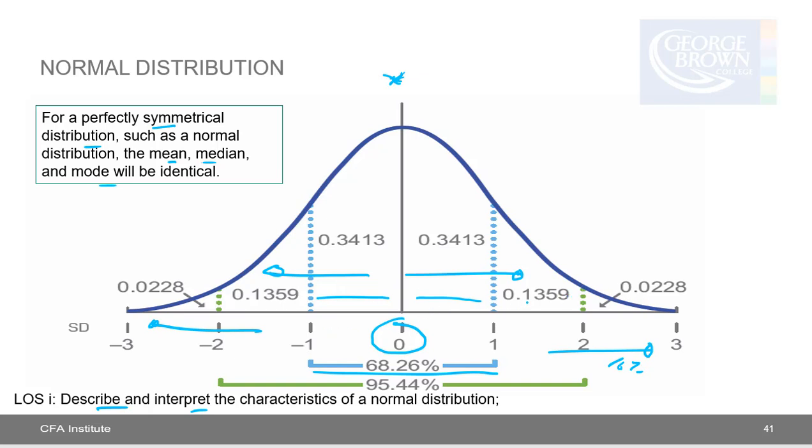Okay. The area under the curve within 2 standard deviations of the mean adds up to about 95%, okay? So given a mean of 0 and a standard deviation of 1, about 95% of the observations fall between -2 and +2, and 5% of the observations are more than 2 standard deviations from the mean.